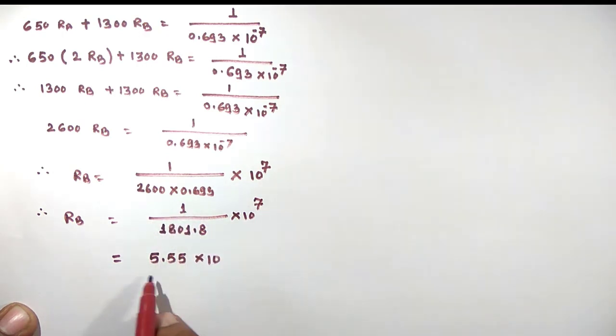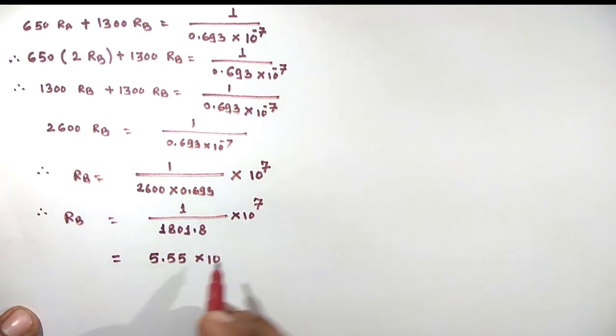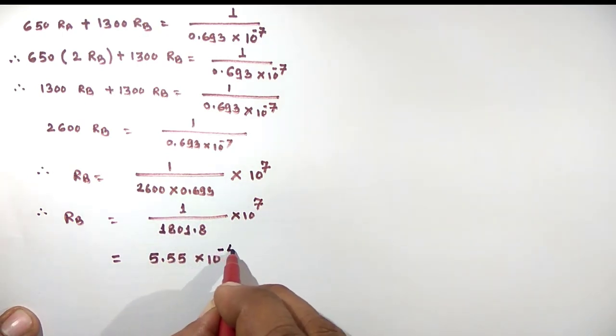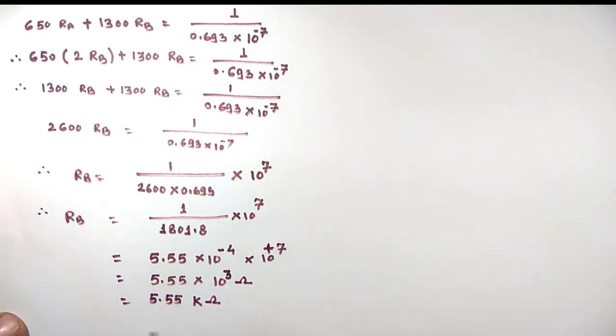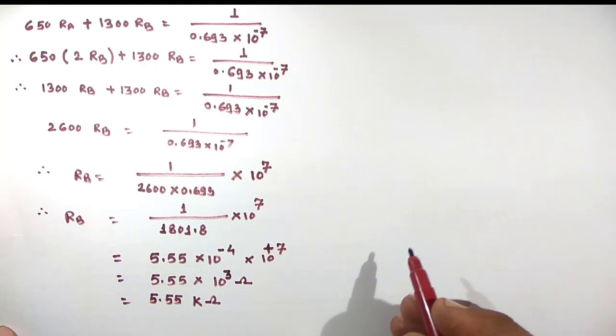So this is 5.55 into 10 raised to minus 4, plus 7 minus 4, that is 3. So this is 5.55 kilo ohm. Now we can find RA.